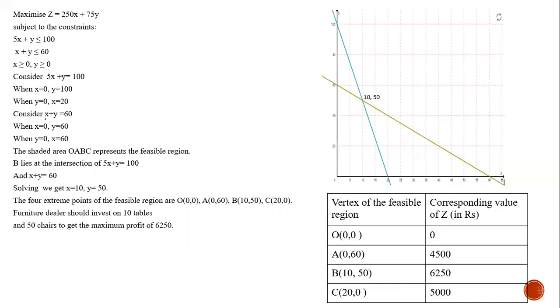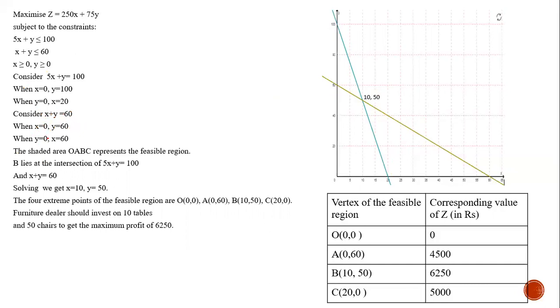Let us consider the second equation, x plus y is equal to 60. Again, we want only the coordinates which intersect the x and y axes. Let us take x as equal to 0, so that y will be equal to 60.